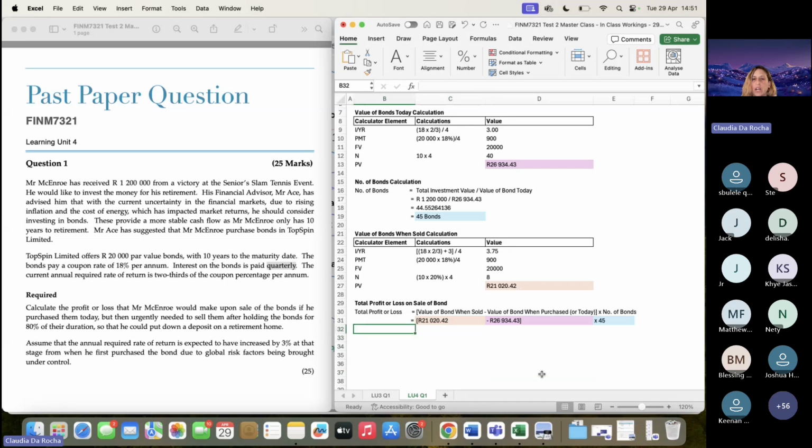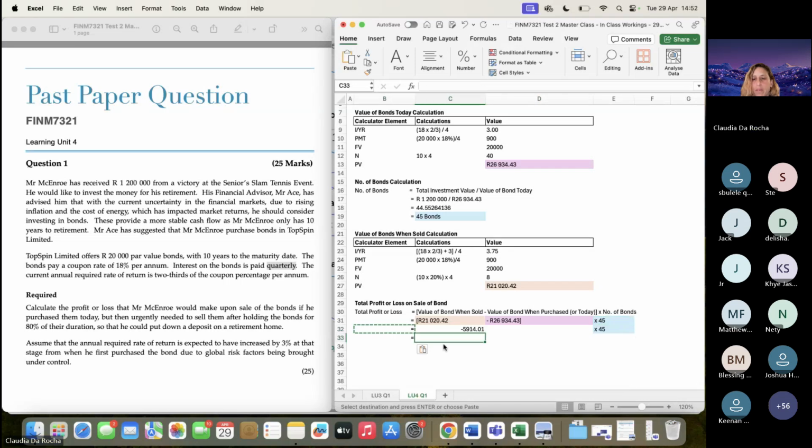So if we calculate this, it is 21020.42 minus 26934.43, and we know we're going to times it by 45.